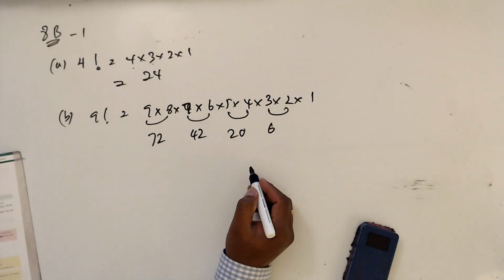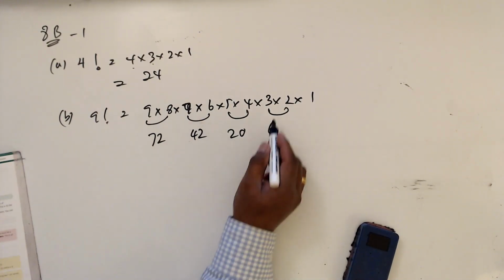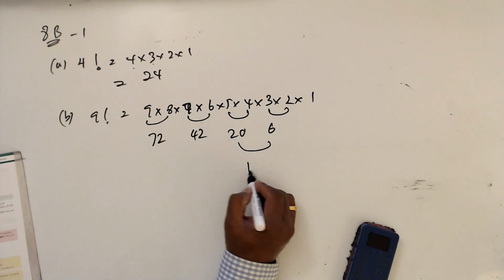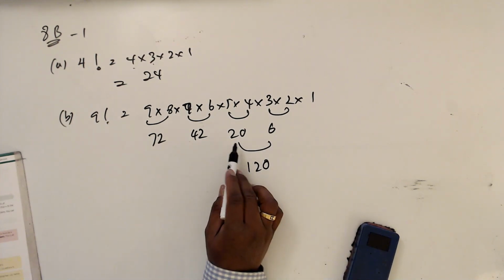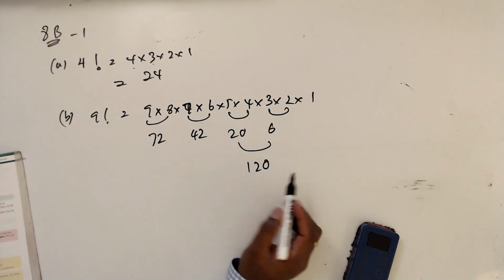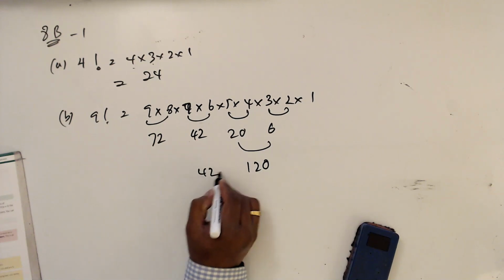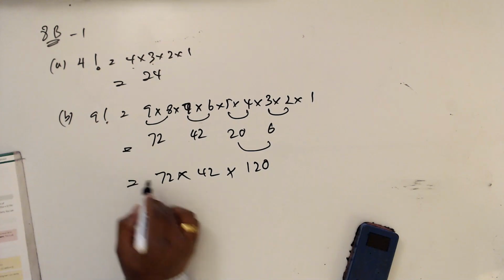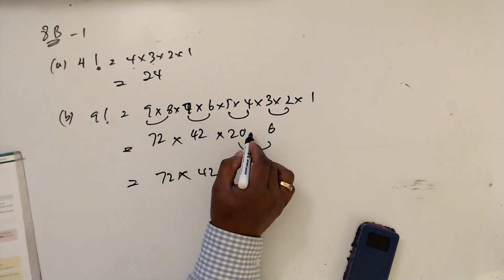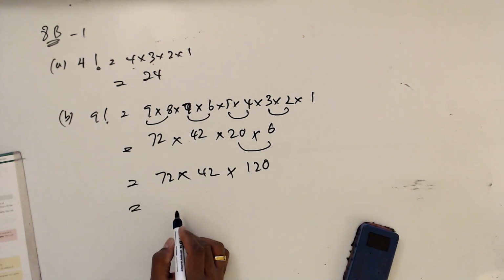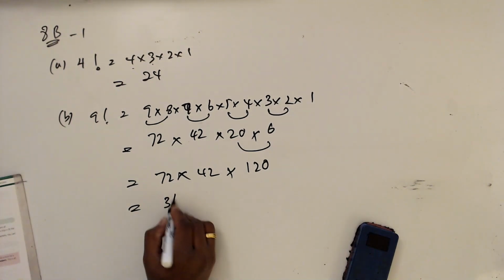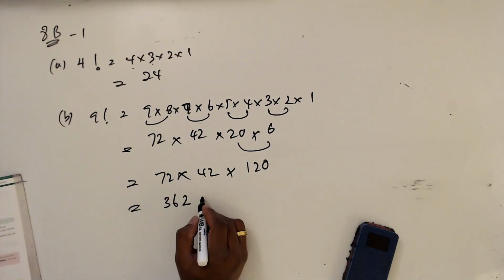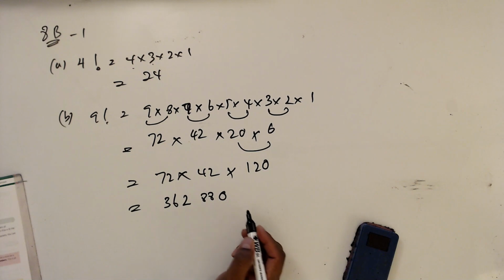This is 6. 5 times 4 is 20. Now, this is 120. And this is 42 or 72. So this is 362880.